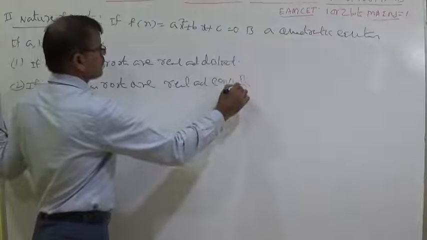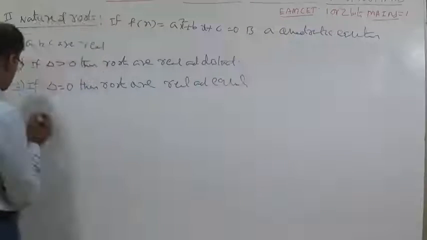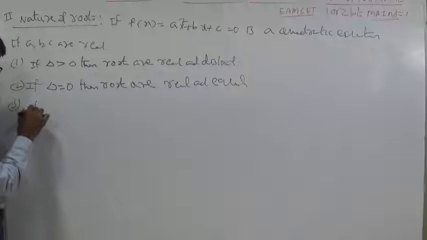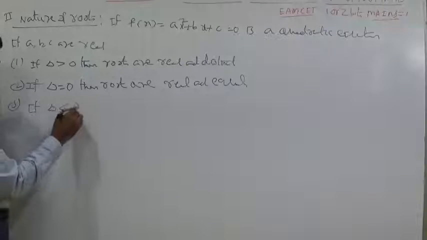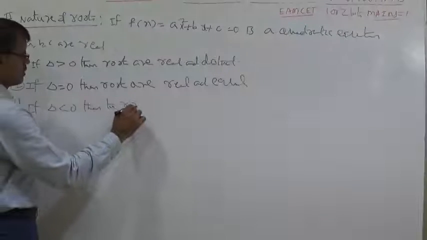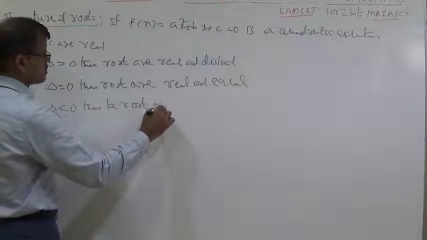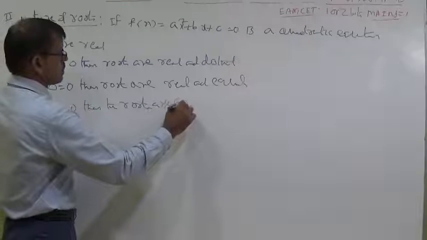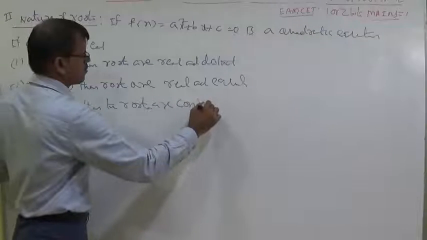You should remember the formula. If delta is less than 0, then the roots are conjugate complex numbers.